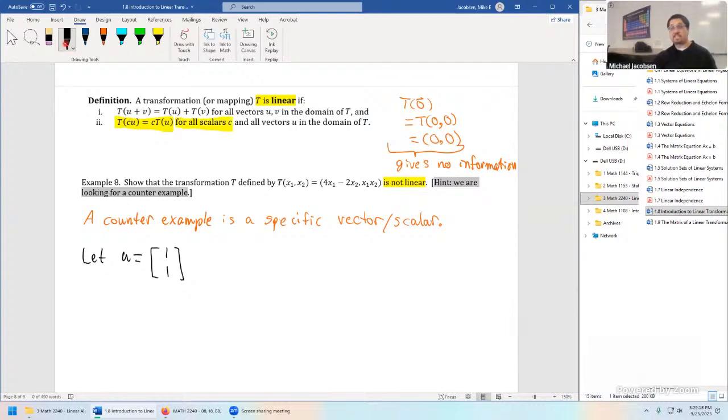Now I have to come up with a scalar c. And let c equal, well, we don't want c to be the zero scalar either, because then that would be the zero vector on the inside, and we've already tried that out. Any volunteers for a choice of a scalar c? Weird, because we have lots of freedom here.